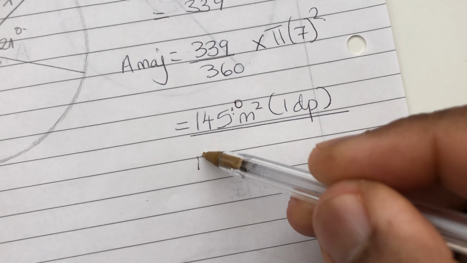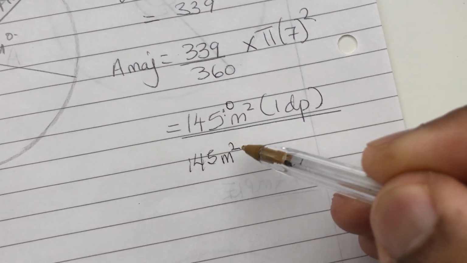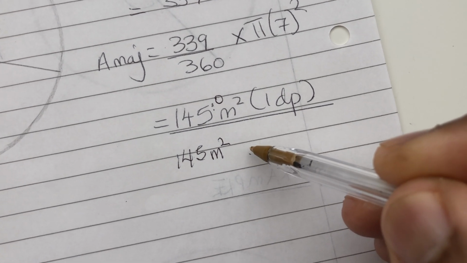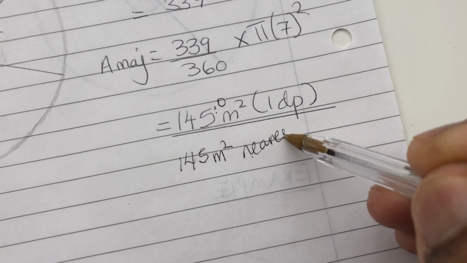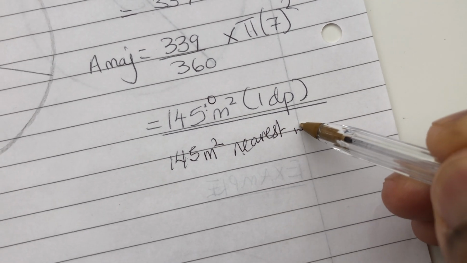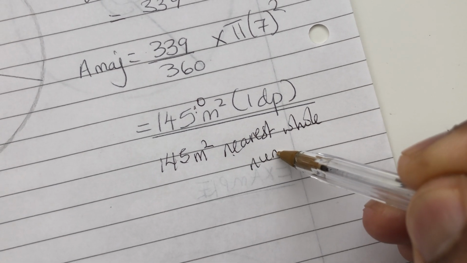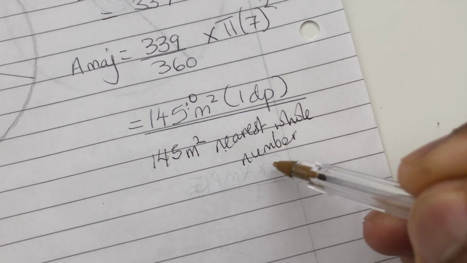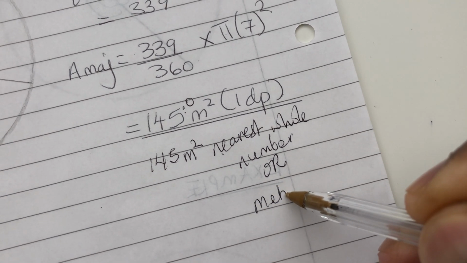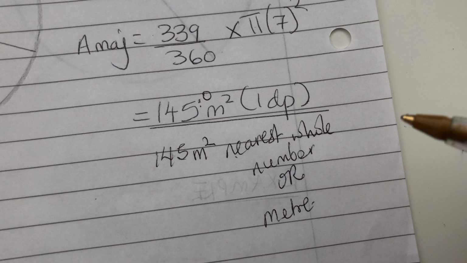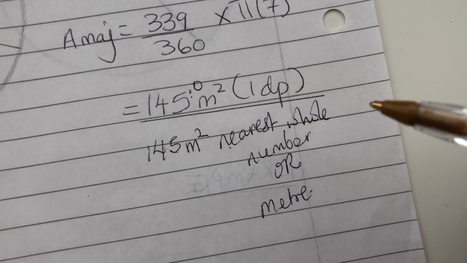But 145 meters squared is to the nearest whole number, or the nearest meter, depending on what you've been asked to do.